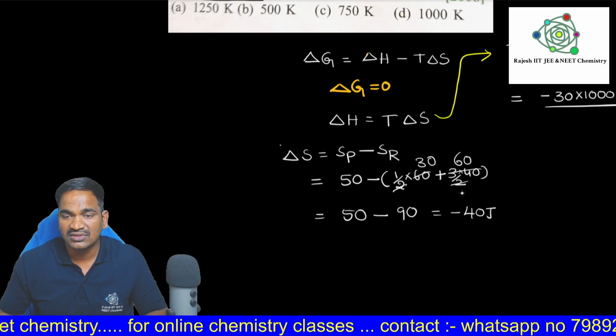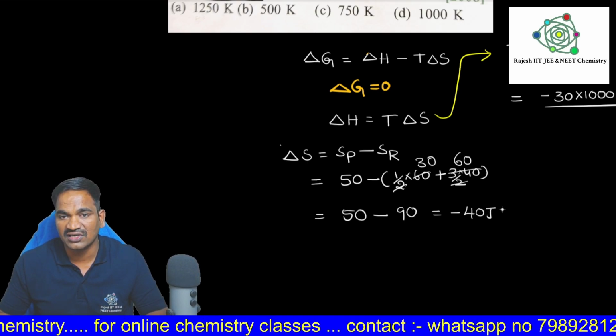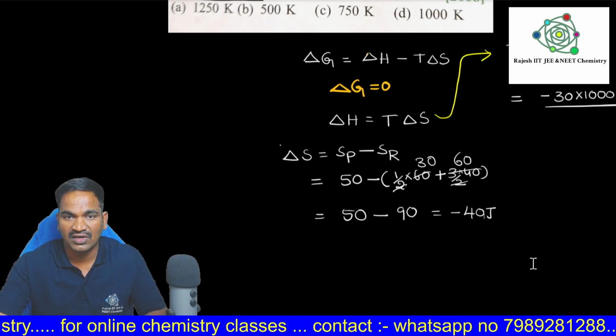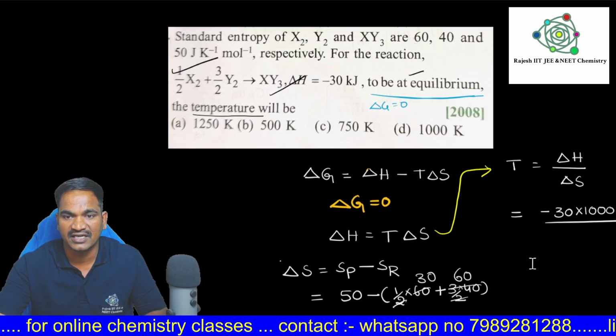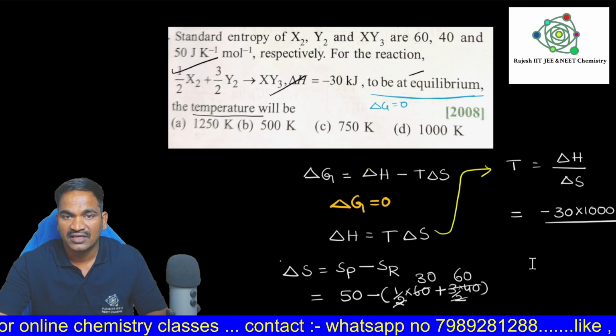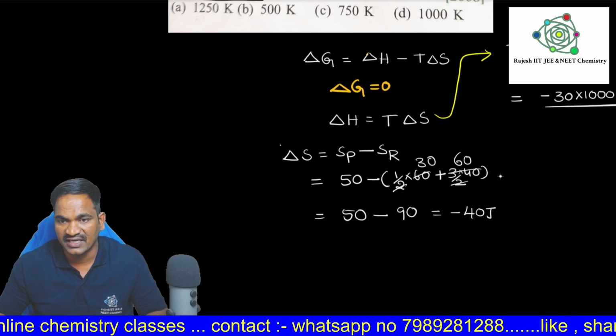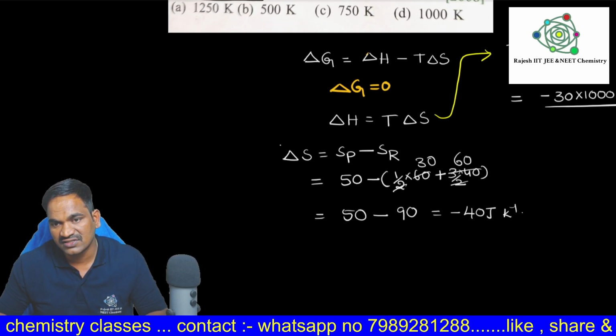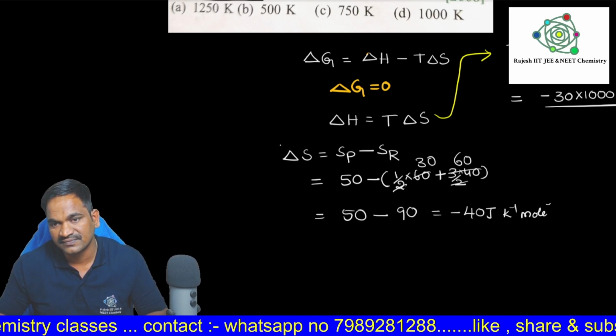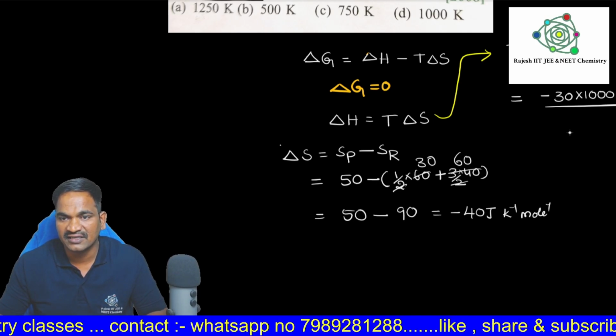So that delta S value is 40 joules, and the complete units you can take are Kelvin inverse mole inverse.